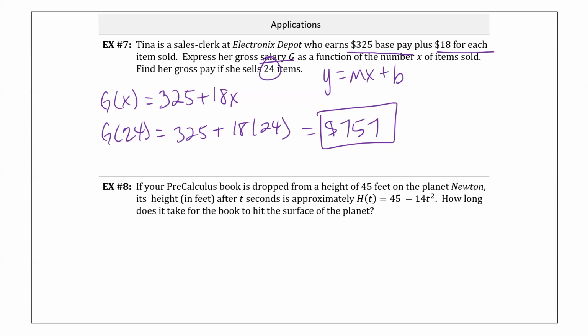If your pre-calculus book is dropped from a height of 45 feet on the planet Newton, its height in feet after t seconds is approximately h of t equals 45 minus 14t squared. How long does it take for the book to hit the surface of the planet? Okay, what are you calculating here? The time, it's asking for time, right?